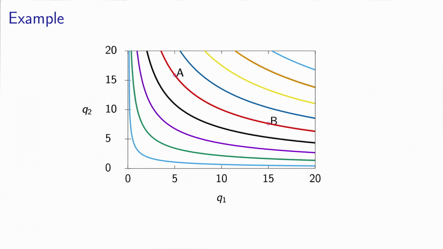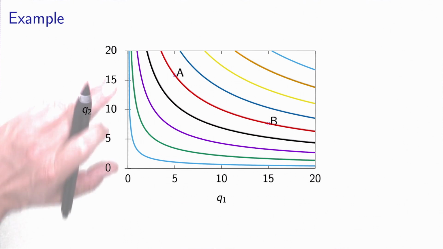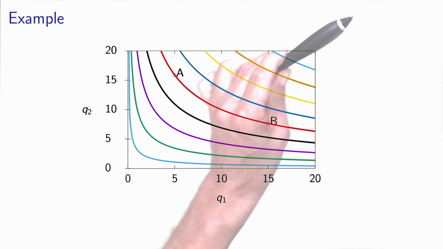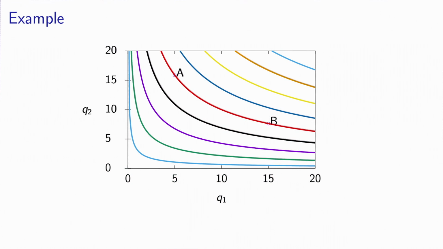It's interesting to look at the level curves of this function. Here the x-axis is the quantity of item 1 and the y-axis is the quantity of item 2. Each combination is associated with an altitude represented by the level curve. The level curves increase in this direction. If you look at two baskets on the same level curve, it represents an indifference.